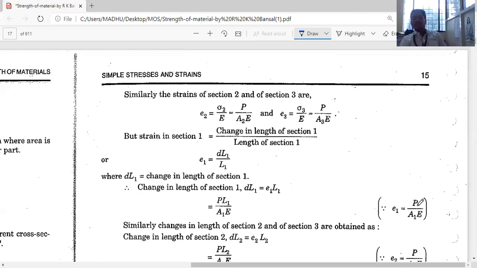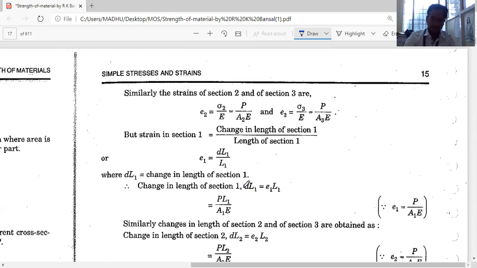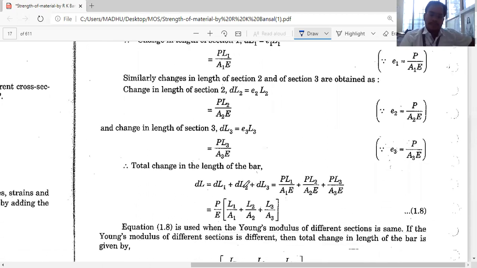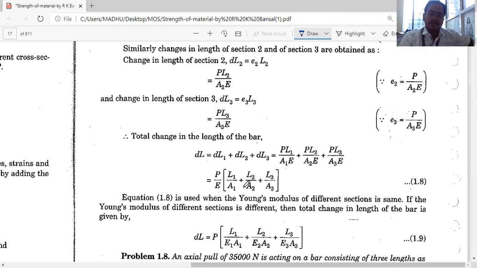When the strain is multiplied with the original length, this will be the change in length. Similarly, for section 2 and section 3, dl2 is PL2 by A2E and dl3 is PL3 by A3E. When you add all these three, we get the overall change in length.